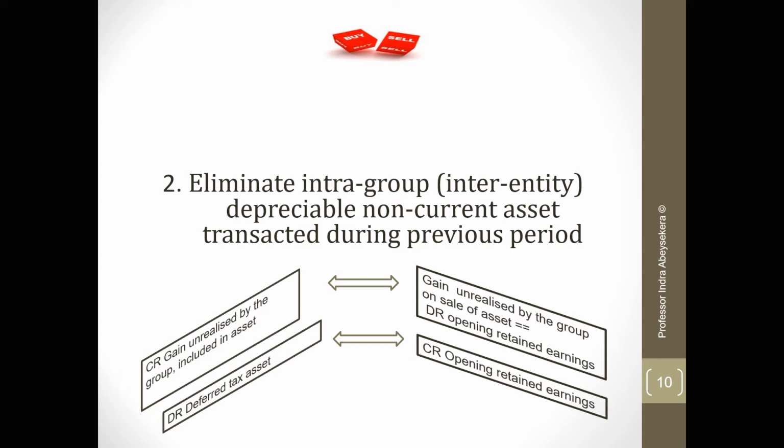So we debit deferred tax asset and credit. We used to credit income tax expense, but because the transaction took place in the previous period, that credit of income tax expense was in the previous period. Therefore, we credit opening retained earnings when we do the consolidation entry in the current period.